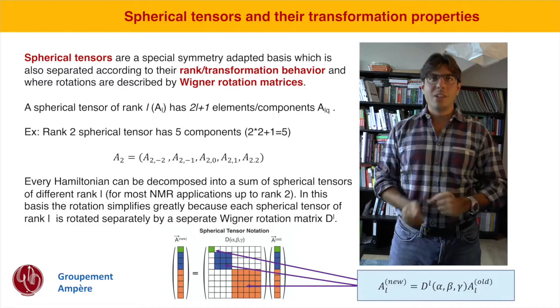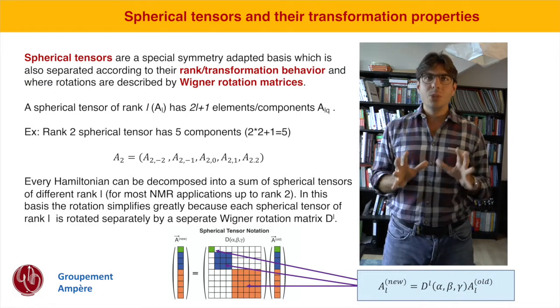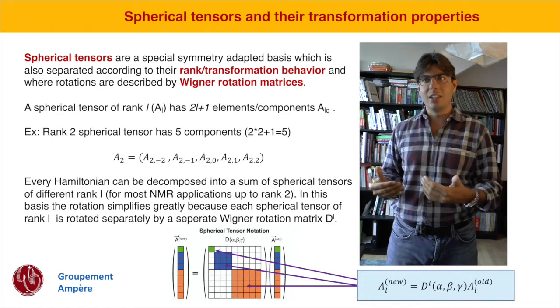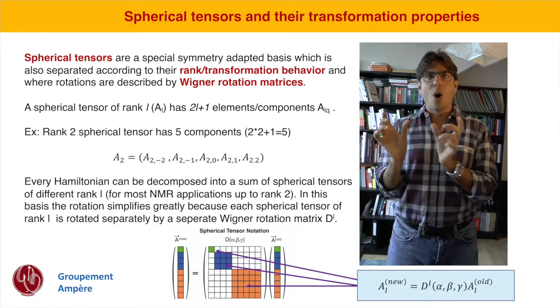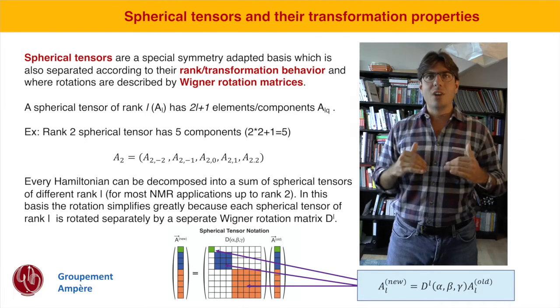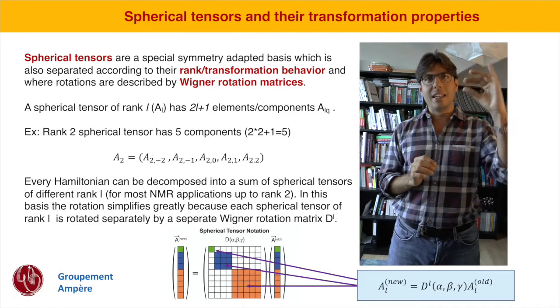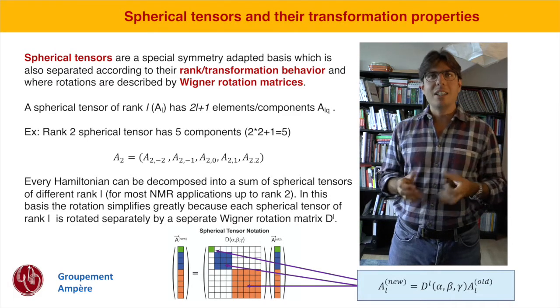And now what is going to happen? This is what we said already many times. As soon as we choose to use a spherical tensor notation for our Hamiltonians, and we decide to divide it up into a sum of tensors of different rank, the rotation of the whole Hamiltonian becomes very simple, because you only rotate each tensor component separately.